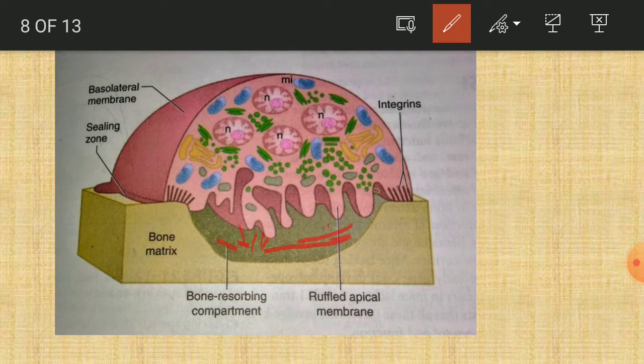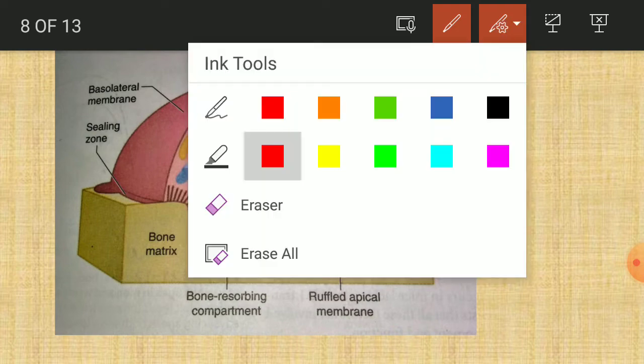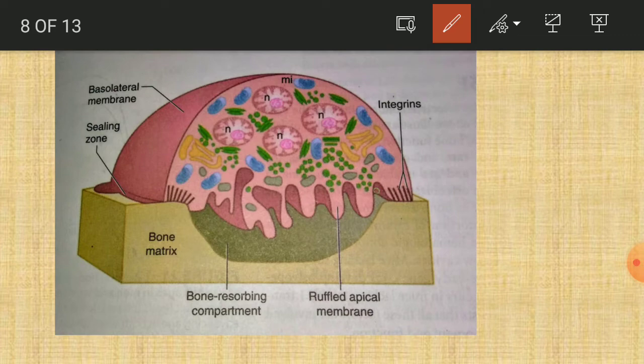So in the localized portion, there occurs a gutter-like depression called a resorption pocket, and the released calcium phosphate crystals are phagocytosed back by the osteoclast, and from there they are released into the blood circulation to replenish the blood calcium level. So this is how osteoclastic bone resorption occurs under the influence of parathyroid hormone.